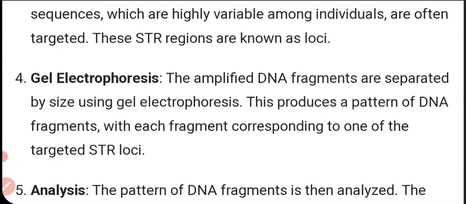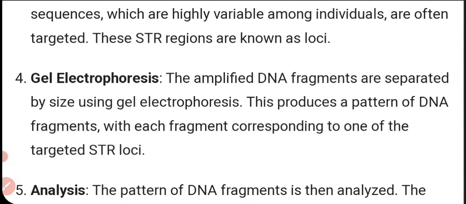Then what we have done after the amplification of that STR, small tandem repeat? Amplification means nothing but increasing the number of those small tandem repeats. Small tandem repeats means repetitions of the base pairs. This is called small tandem repeats.